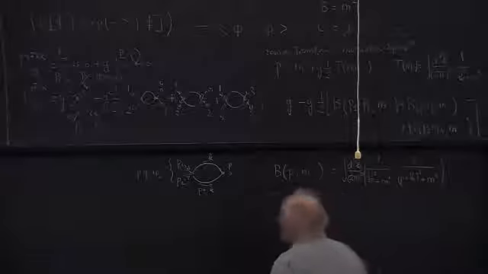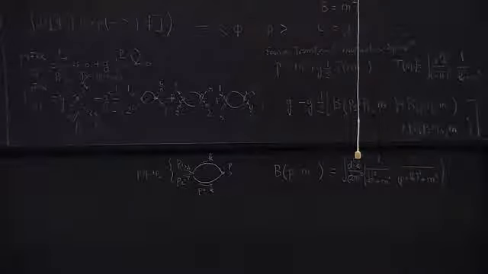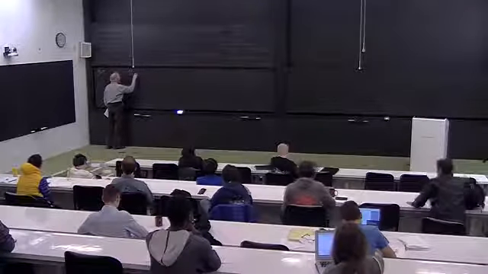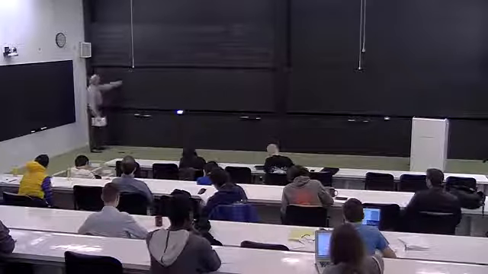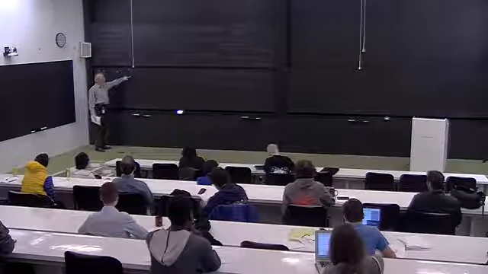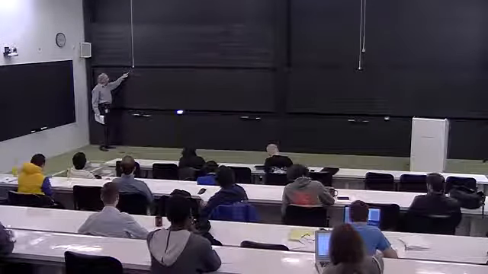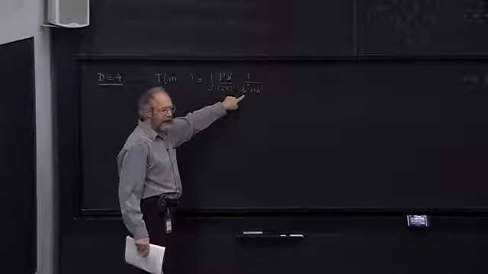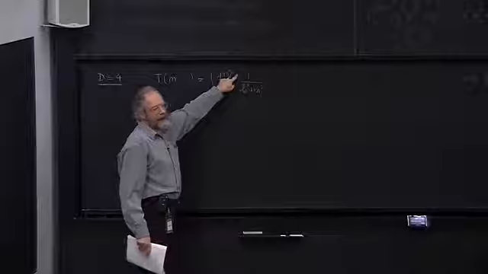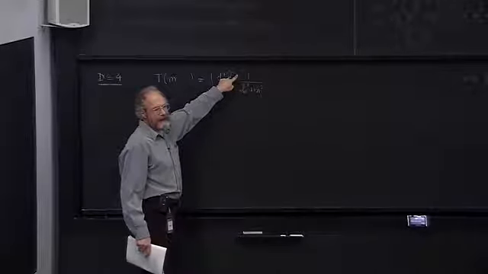So T of m in this case is the integral d4k divided by (2 pi)^4, 1 over k squared plus m squared. It is clear that it's divergent at high momenta, because at high momenta it's d4k divided by k squared, so it's divergent like the square of the momenta. It's quadratically divergent.